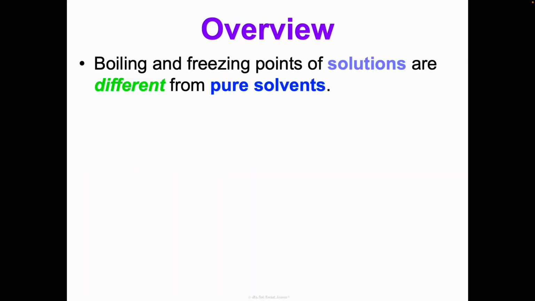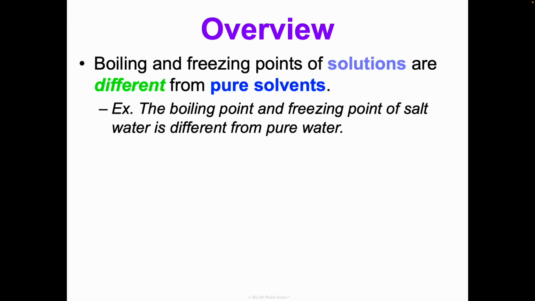Here's the overview continued. What we see is that the boiling and freezing points of solutions are different from the pure solvents that make them up. What I mean by that is the boiling point and freezing point of salt water is different from pure water.